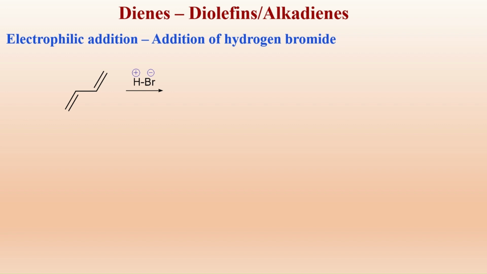When HBr adds to the carbon-carbon double bond, H+ and Br-, the H+ can act as an electrophile and it creates a disturbance in the pi electron distribution between the two carbons because of the electromeric effect.